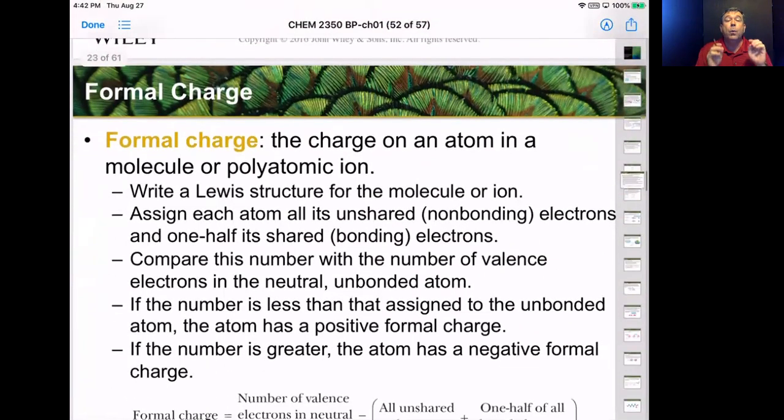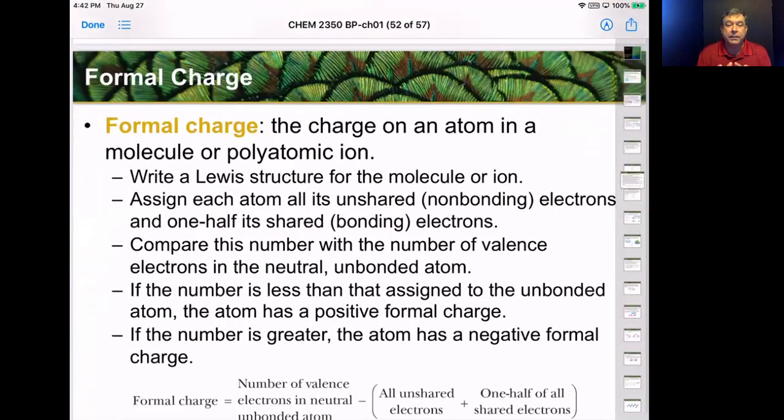Okay, so once we've drawn our species such that the Lewis dot structure is correct for that molecule or ion, now we have to figure out, is there a charge on that molecule? If the molecule is neutral, we should end up with a 0 net charge, meaning there might be a plus on one side and a negative on the other, but the net charge on the whole molecule is 0.